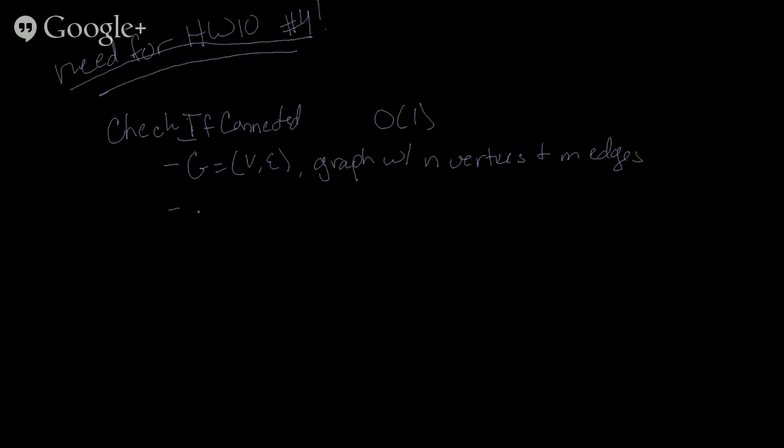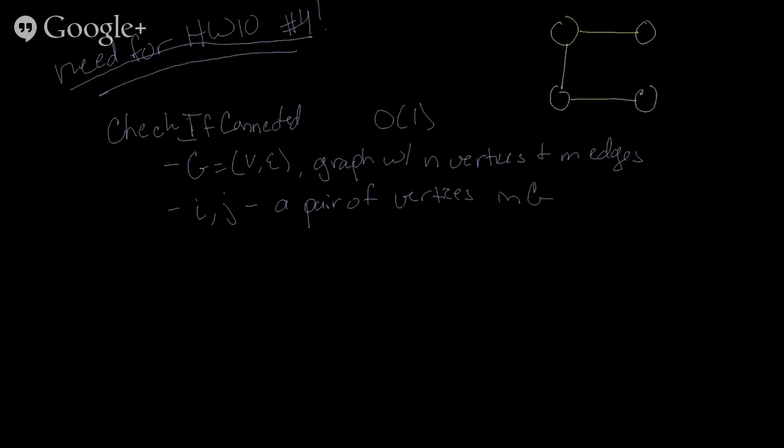We're going to say that we have some numbers I and j, and that's just a pair of vertices in G. So for example, if this is our G, we have vertices 1, 2, 3, and 4.